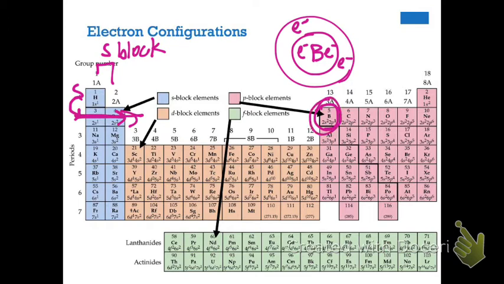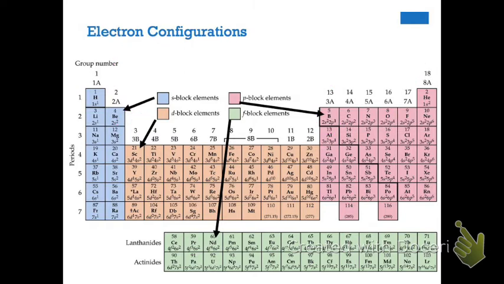Then we come over, and boron's outermost electron is found in the p orbitals. This little pink section of the periodic table is called the p block. Let me get rid of all this extra junk. This is s. These are p block elements. That means any element found in this block has its outermost electron in a p orbital.